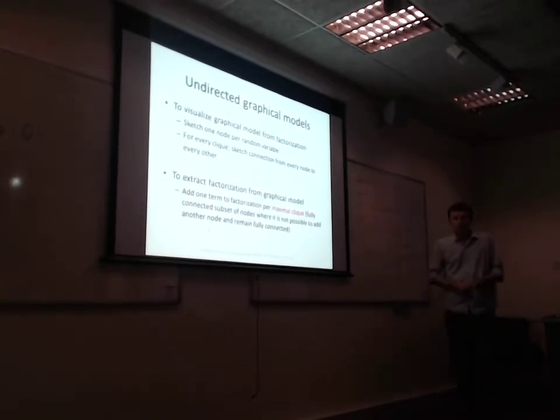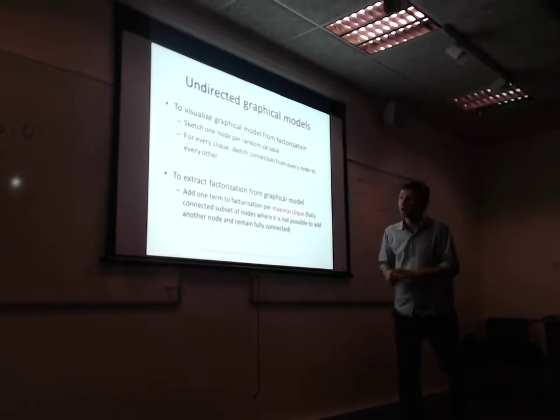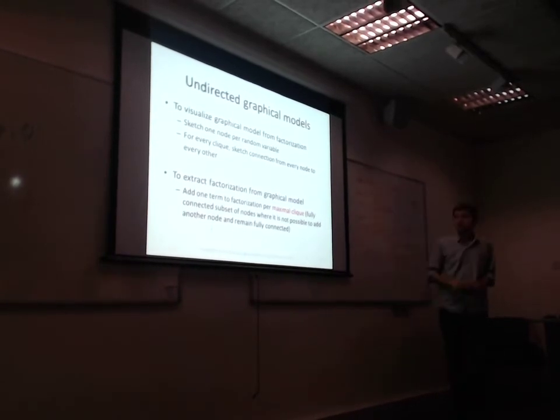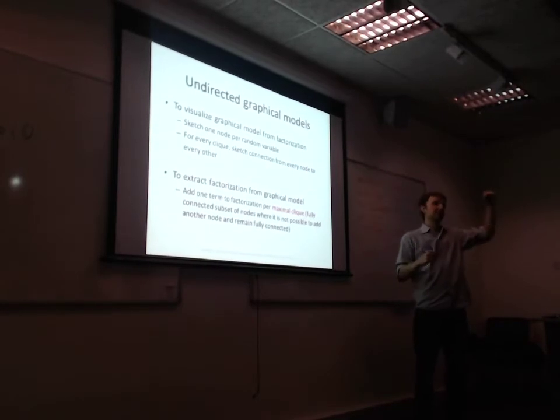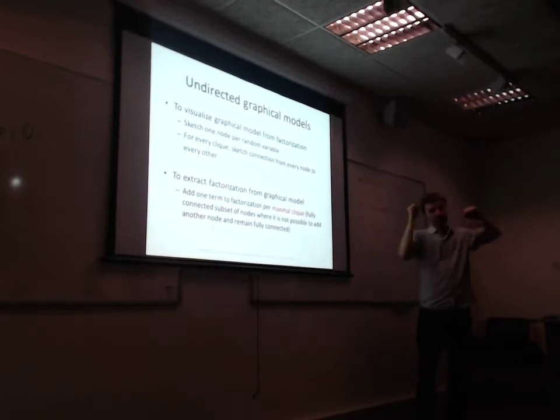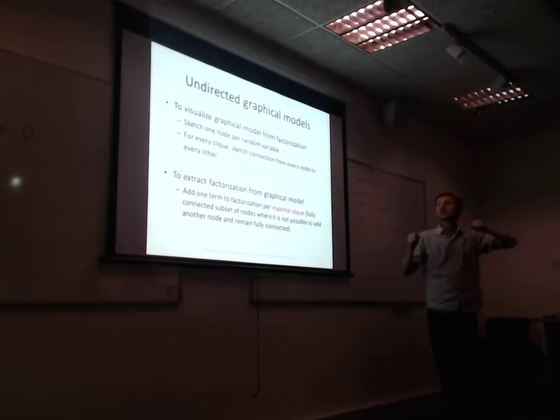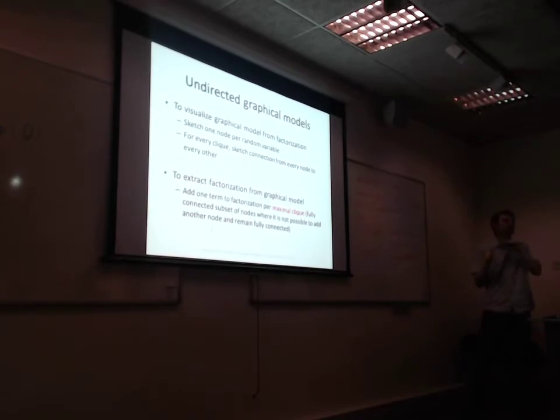So we had a similar slide for directed graphs. Now we have one for undirected graphs. If you are trying to visualize some equation, you're going to draw it by drawing a random variable as a node, and by connecting edges between random variables that are dependent on each other. And you're not going to draw edges between random variables that are independent of each other.